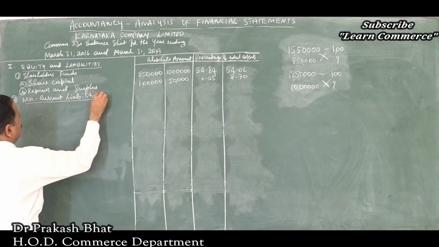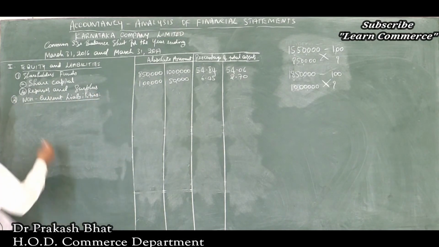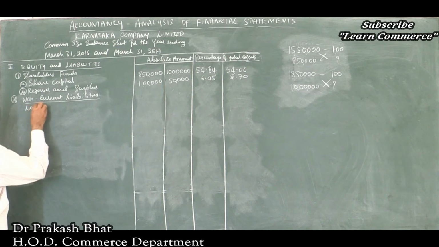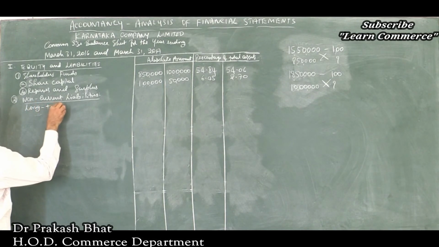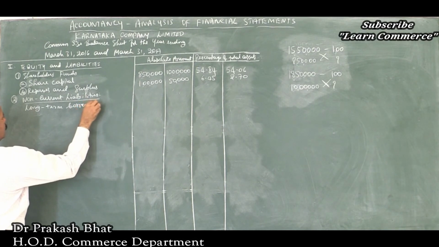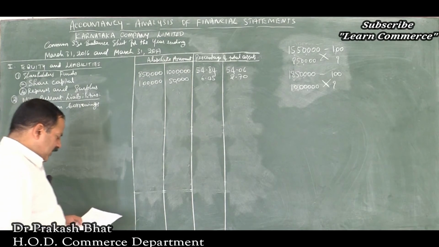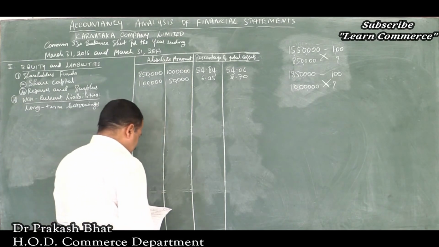Non-current liabilities. That is long-term borrowings. Under that, long-term borrowings. How much? 4,50,000 and 5,75,000.